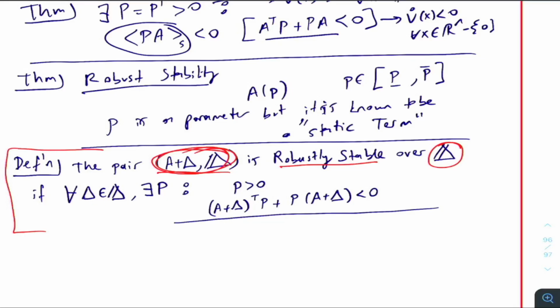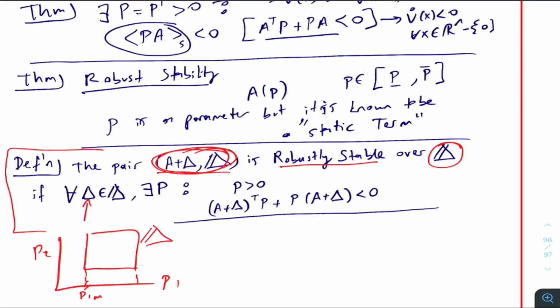All right. Yes, if for every parameter, let's call this p1, p2, and this is like a perfect rectangle. All right, this is p1 min, and this is p1 max.